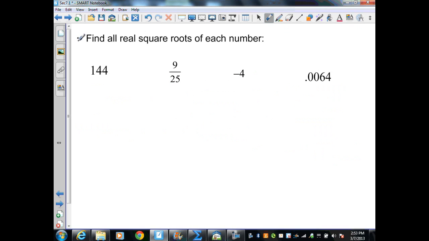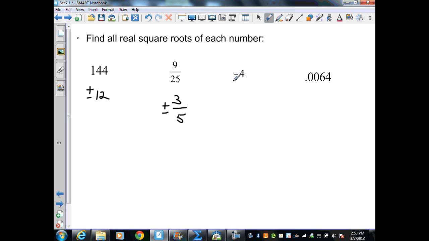On this example, they want me to find all real square roots of each number. Here I want the square root of 144, which I know is plus or minus 12. Here I want the square root of a fraction, 9/25. I take the square root of the numerator, which is 3, the square root of the denominator, which is 5, and since it's a square root, that's a positive and a negative.